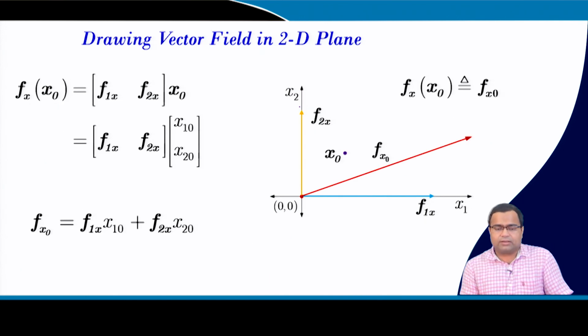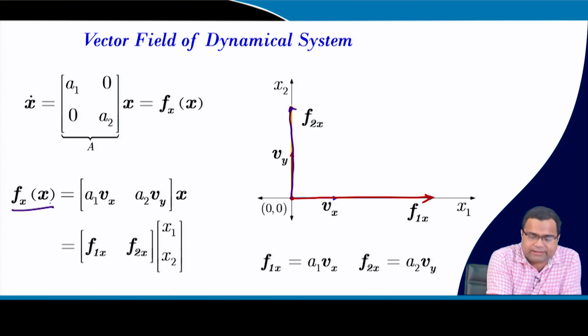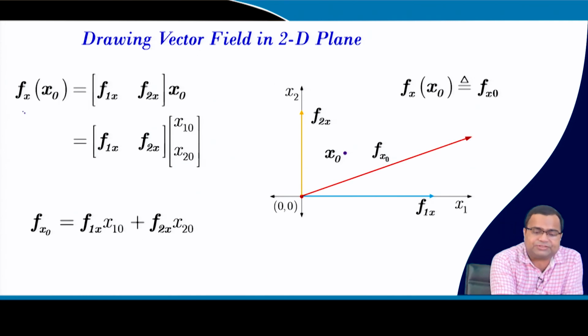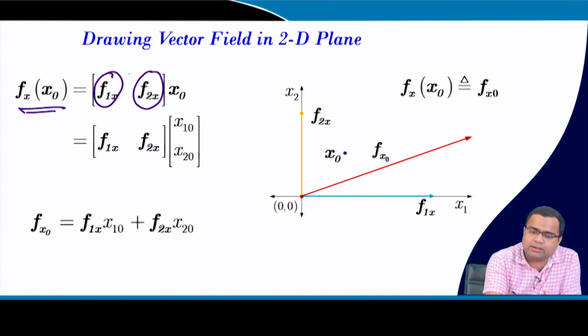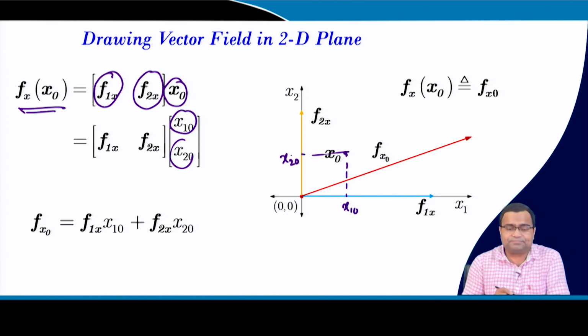Then what do we have to obtain? We are trying to find the vector field at x equal to x0. We have drawn f1(x) and f2(x), and x0 is given. That means it has x10 and x20. So we are talking about this point, with this x10 component and this x20 component, right?